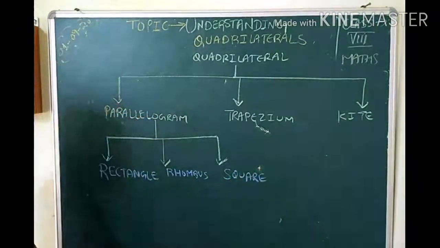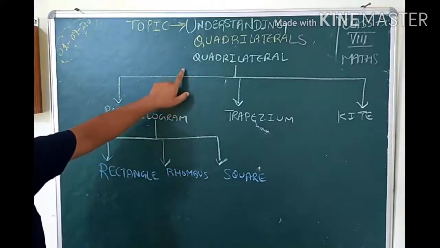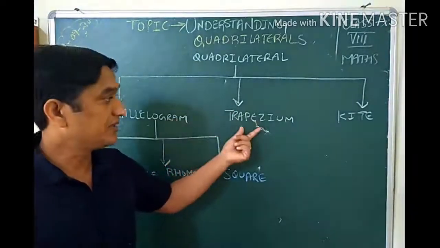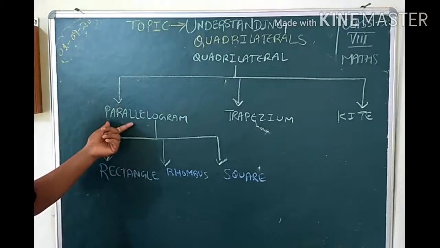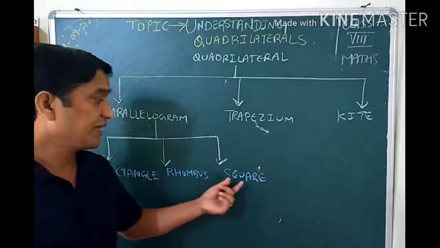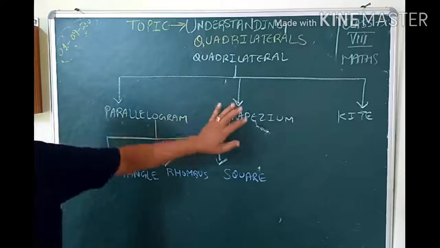So children, you must remember all these types of quadrilaterals. A quadrilateral is first divided into 3 categories, that is parallelogram, trapezium and kite. Then the parallelogram is further divided into what? Rectangle, rhombus and square. Now children, we will learn all these types one by one.